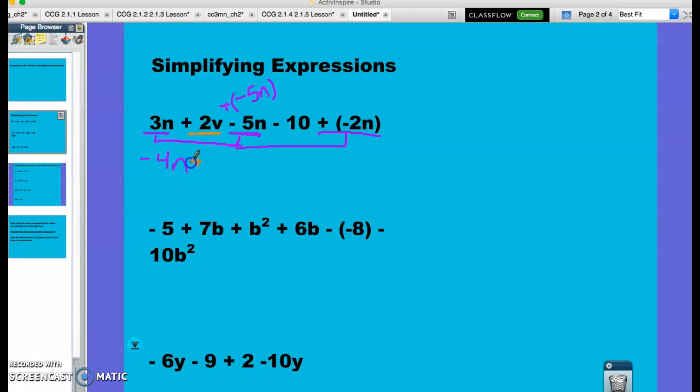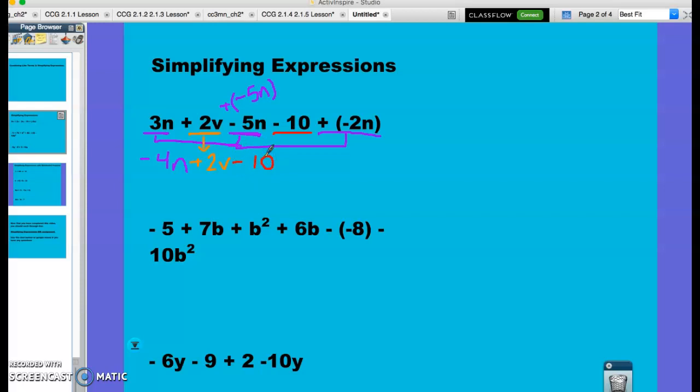So I'm just going to transfer that one down because that one doesn't change. And then the last one I've got there is this negative 10. Again, there's no other constant terms, so I'm just going to transfer that one straight down. Sign follows, so negative 10.